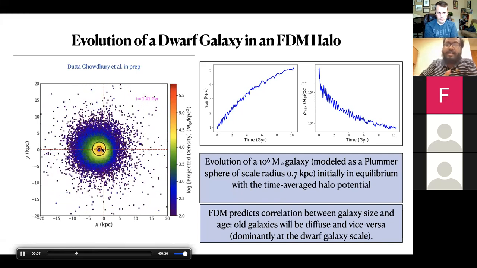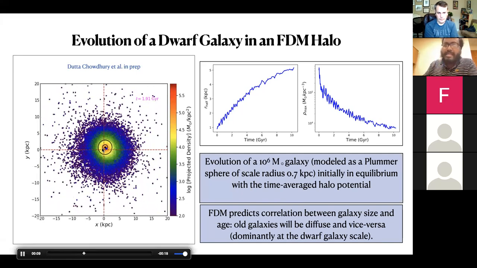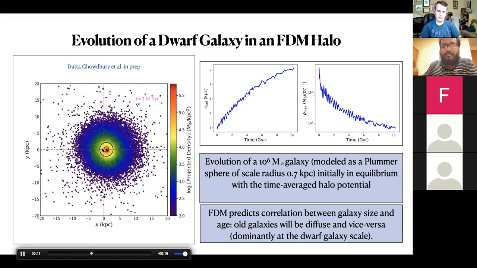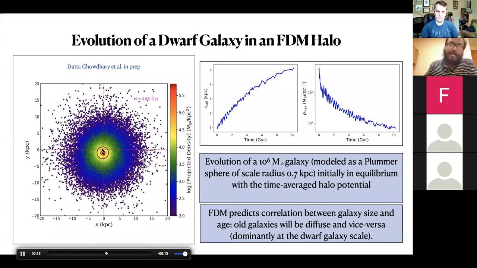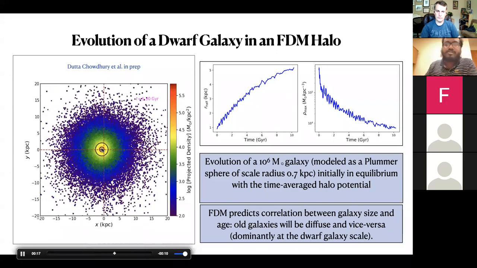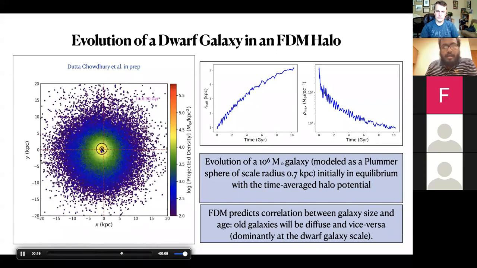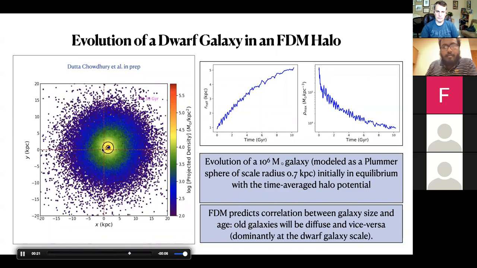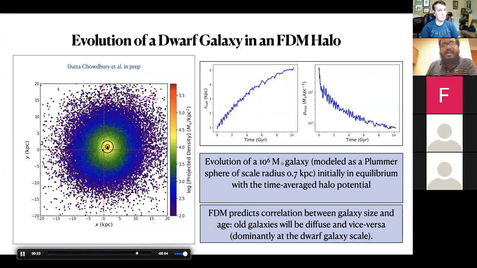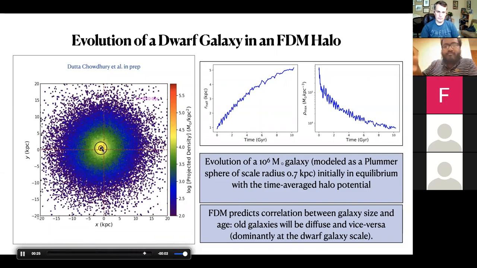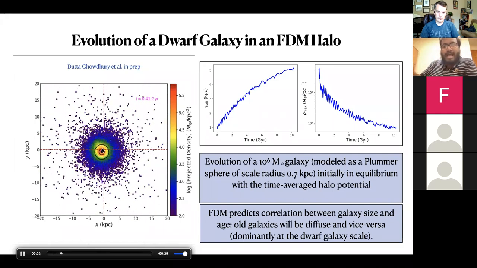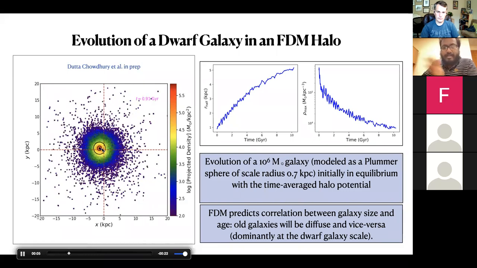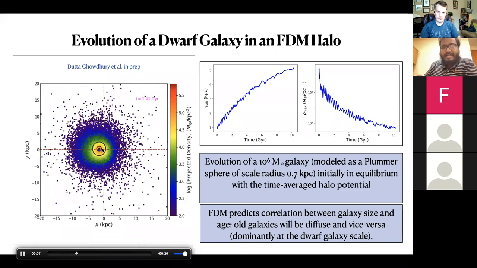And in addition, if you want to use satellite galaxies, like the Milky Way dwarfs, then we would also have to think about what happens because of the tidal field of the host halo. And it has been shown that if we have a fuzzy dark matter halo in the tidal field of the Milky Way, then as the halo keeps stripping, the random walk of the soliton decreases.